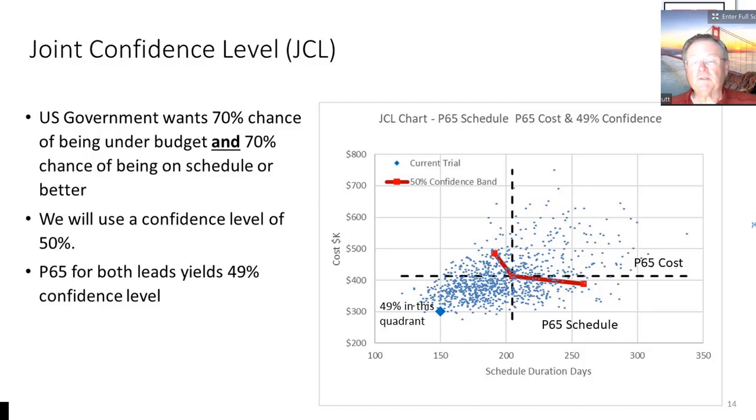So typically the U.S. government wants a 70% confidence level of being under budget and being on schedule or better. However, let us look at only 50%. So what we want to do is find some combination that puts 50% in this quadrant over here.